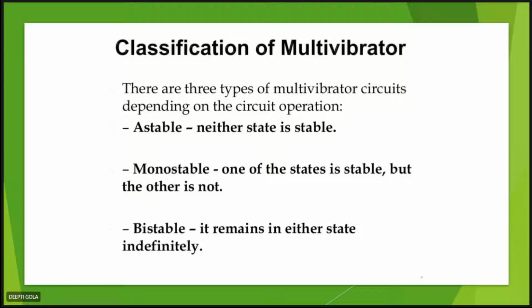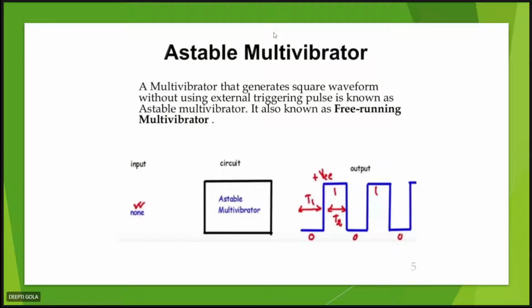Today we will be doing only the astable multivibrator. You can say the astable multivibrator is a kind of black box, where the input is none, but the output is a square wave, as you can see. If T1 is 0, then T2 will be 1.